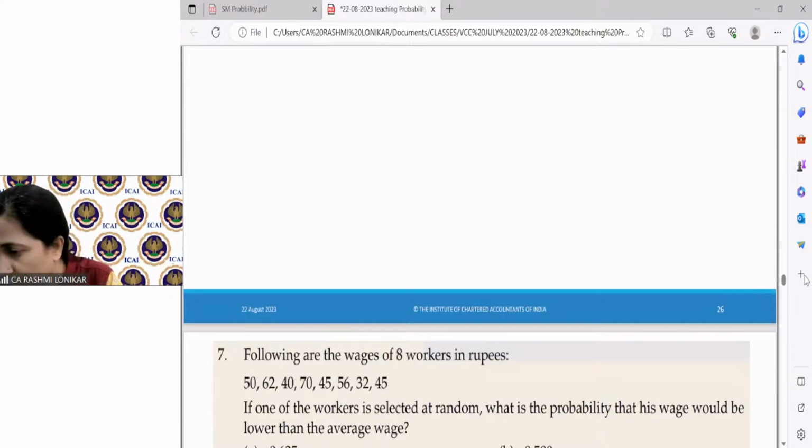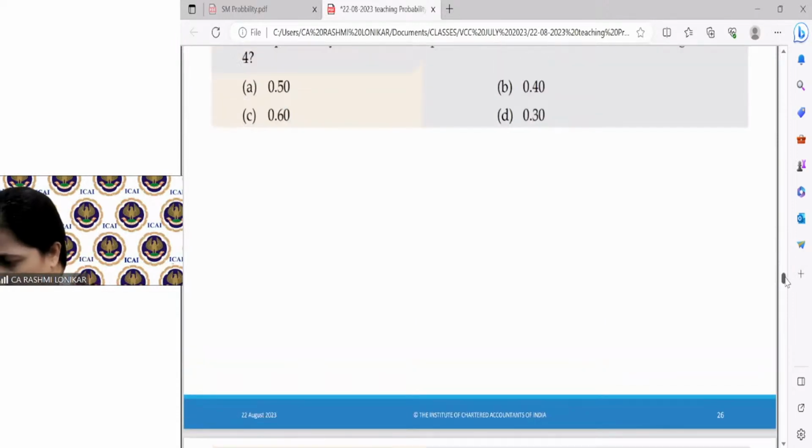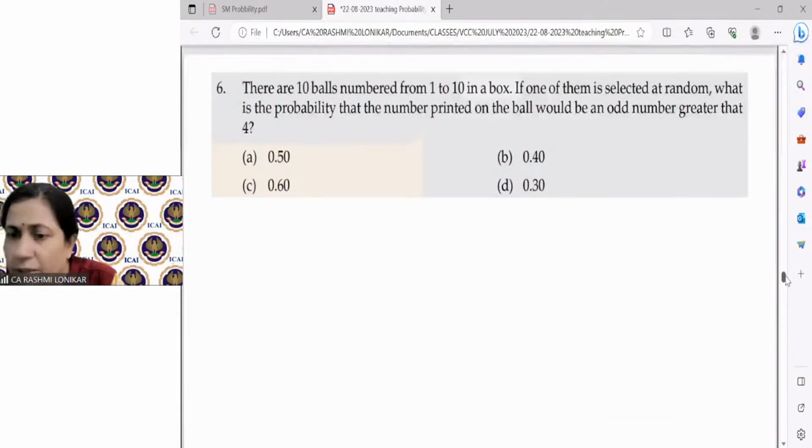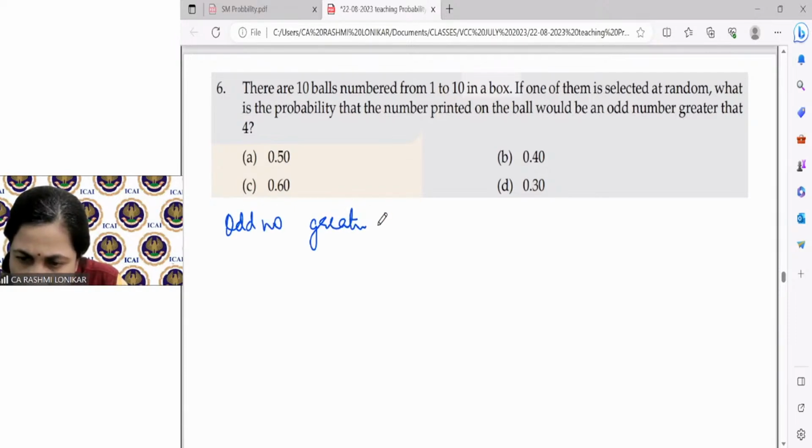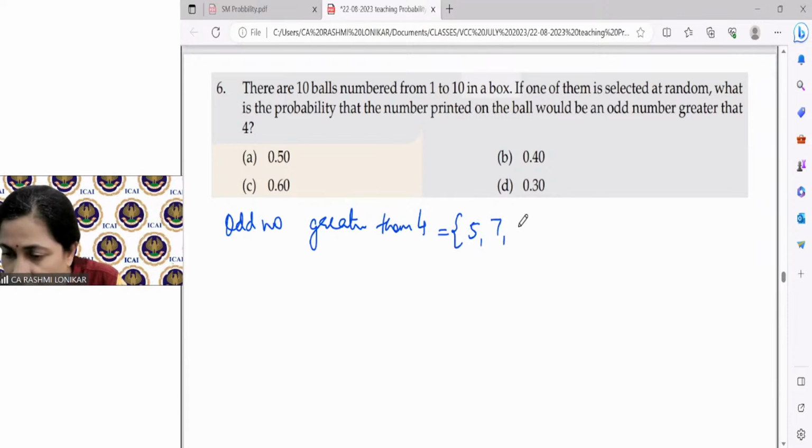There are 10 balls numbered 1 to 10 in a box. If one of them is selected at random, what is the probability that the number printed on the ball would be an odd number greater than 4? So, odd numbers greater than 4 are 5, 7, 9.